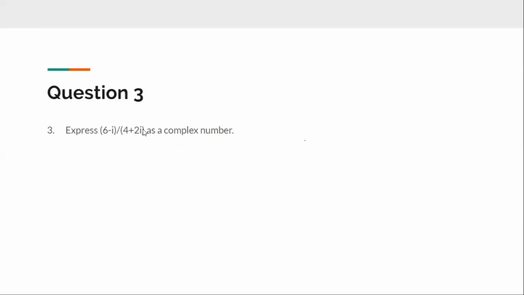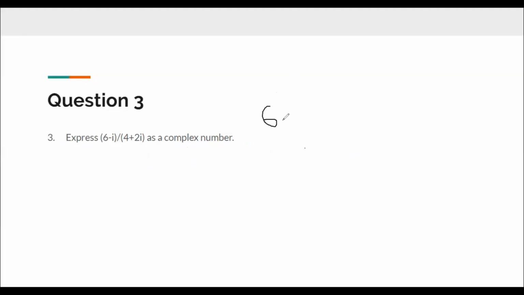Express 6 minus i over 4 plus 2i as a complex number. We can multiply by the denominator's conjugate. That's going to be the numerator. And the denominator is just going to be a squared plus b squared, which in this case will be 4 squared plus 2 squared, which is just 20.